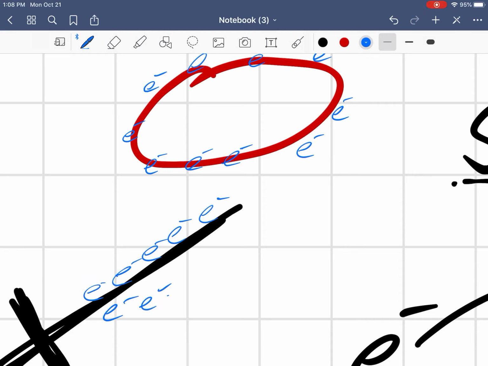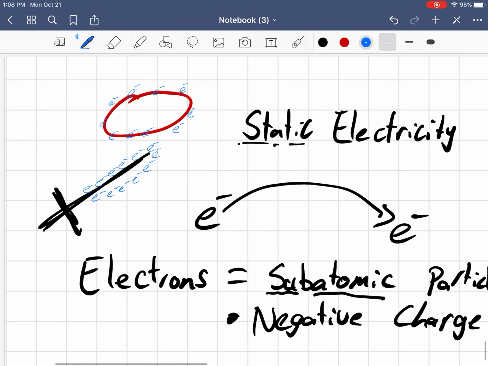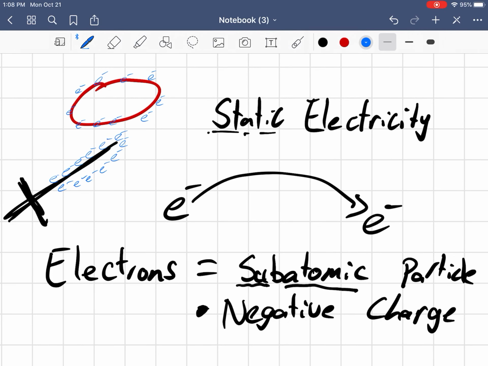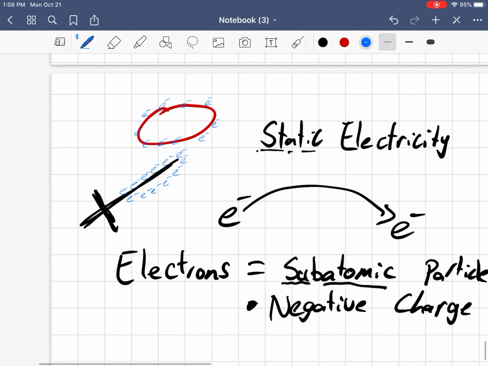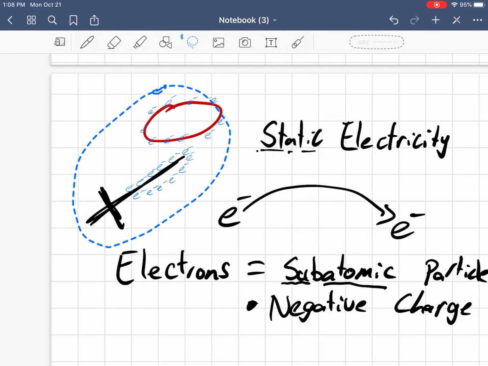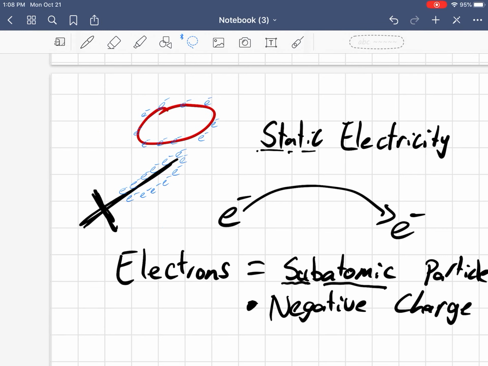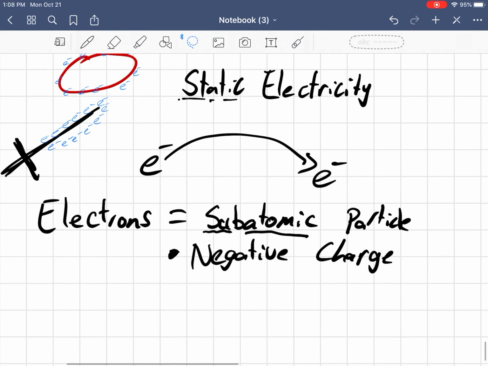Those negative charges will oppose each other and push each other away. And as they push each other away, that makes it so that we can move our wand, and the ring moves away with it. If we move the wand away, the ring begins to just fall like normal.